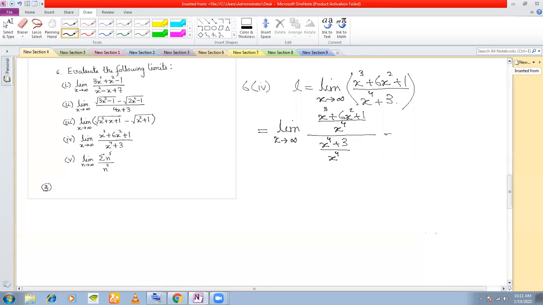Okay, limit x tends to infinity, and then you have x cubed by x to the power of 4, which will give you 1 by x, plus 6x square by x to the power of 4 will give you 6 by x square, and this will give you 1 by x to the power of 4, divided by, and in the denominator if you separate, you're going to get 1 plus 3 by x to the power of 4, right?